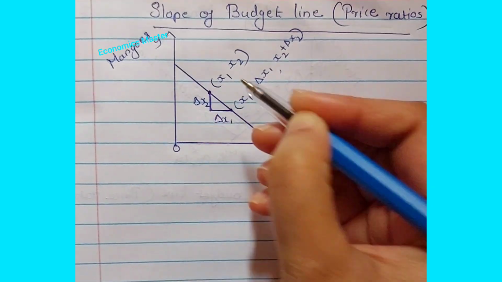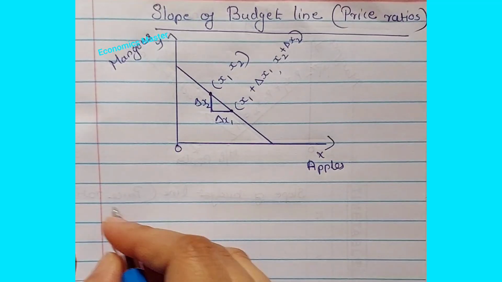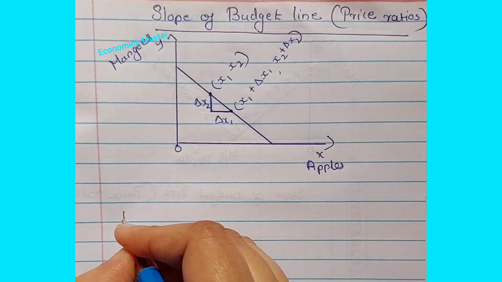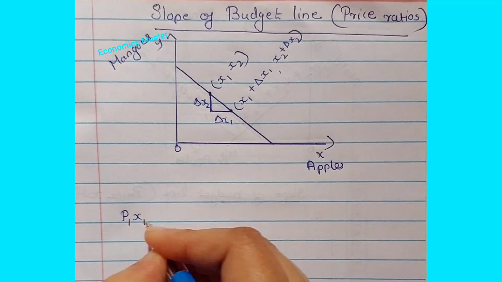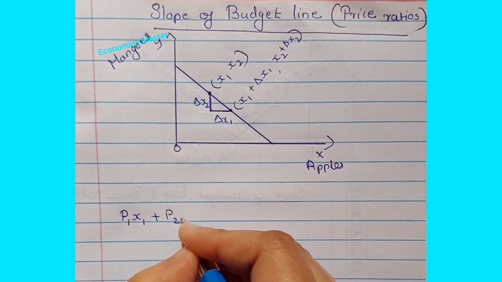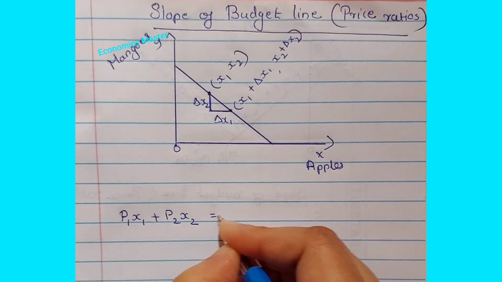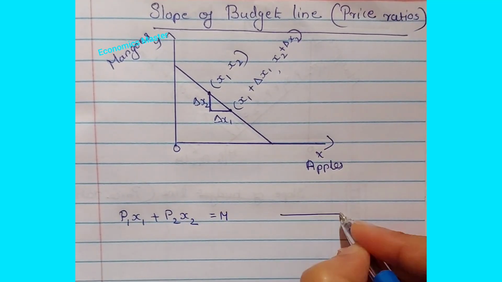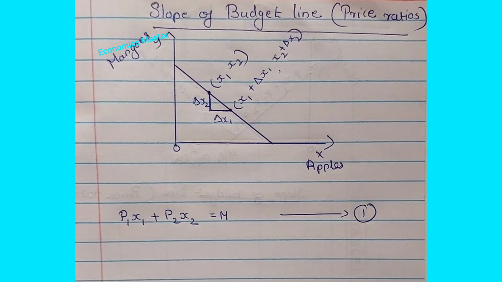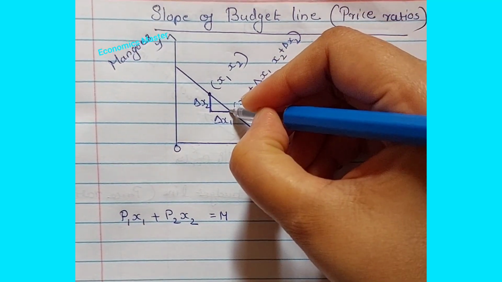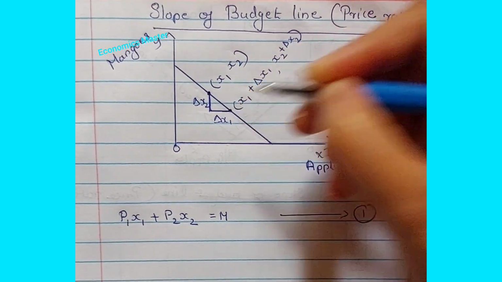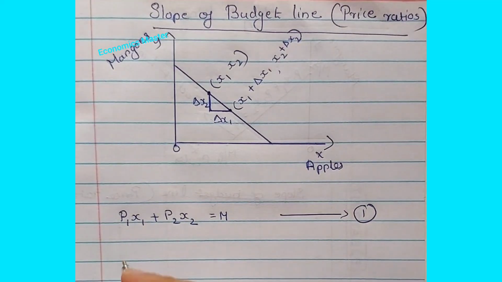Consider the first bundle. The consumer can buy that bundle such that, as we already discussed, P1 x1 plus P2 x2 is equal to M. This is the equation of the budget line. Then consider the other bundle.